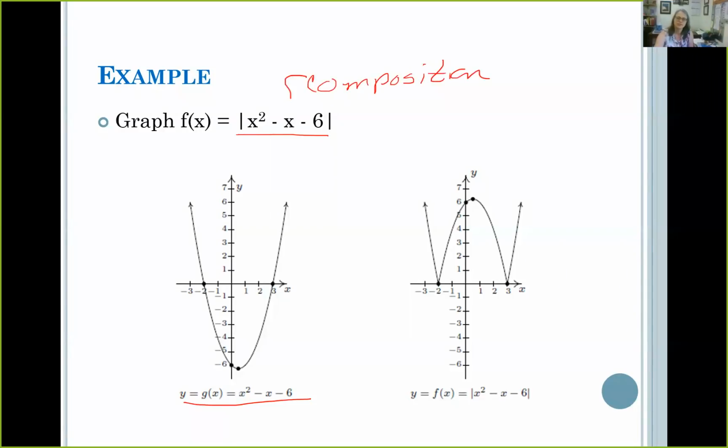We've got a function inside something else, in this case an absolute value. So think about the graph and then think about what the absolute value does to what's inside. It's going to take this whole negative part, all of this, and make it positive. And this turns out to be our graph.